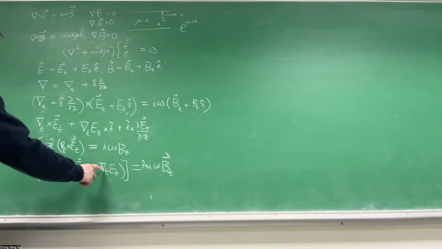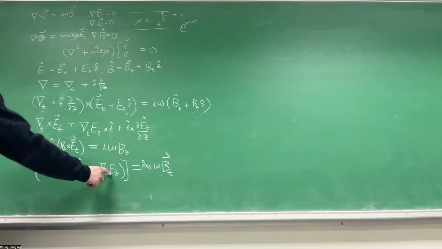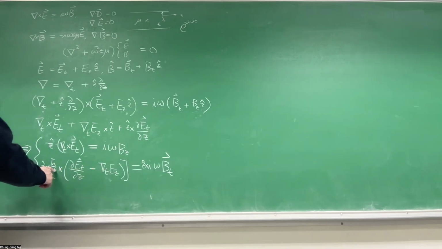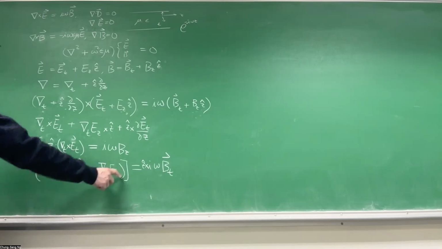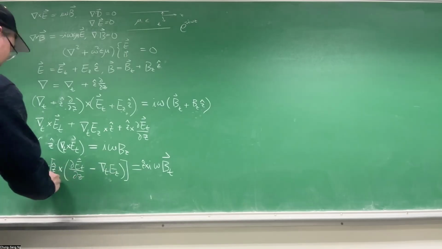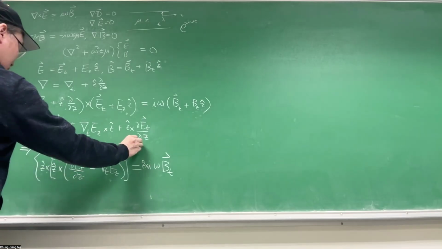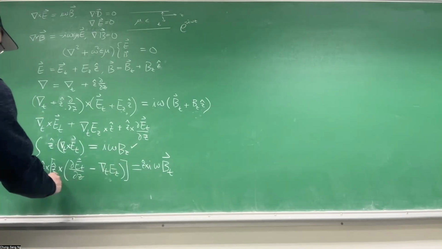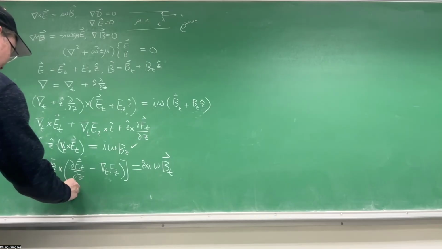But the rest is also in the transverse direction. The z dot into this is 0. So the first term is 0 in the triple product. So only the second term, which is z dot into z, which is 1, into this component, but there's a negative sign. The second term has a negative sign. So that's the second term. The first term we already did. Then the second term changes the minus sign.